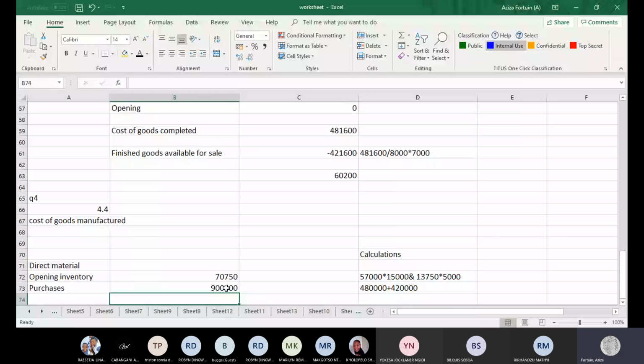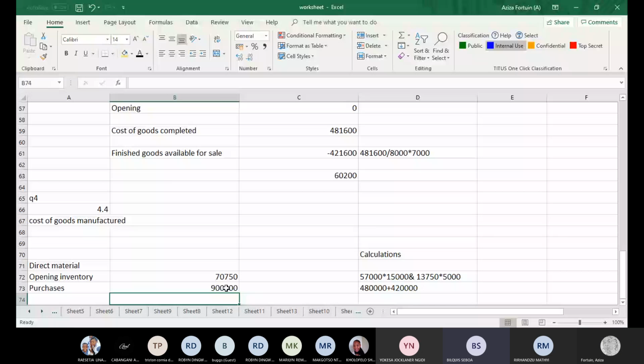Okay, so what is my closing inventory? Anybody want to go for my closing inventory? Aziza, it's there in the third sentence where they said the last delivery of direct materials was made on the 7th December.